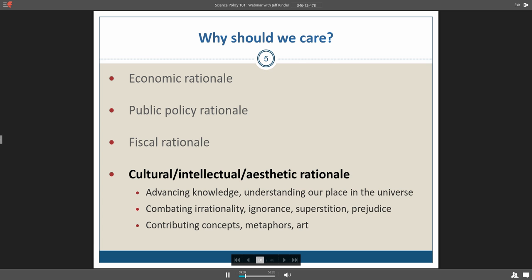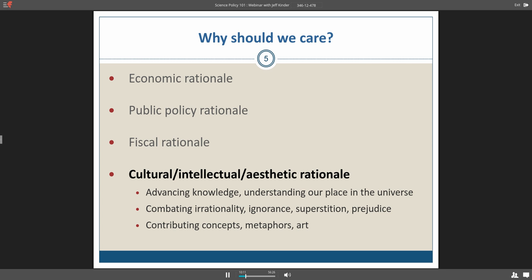And then last but not least, of course, is the reason perhaps that most scientists are interested in science policy, and that is to obviously advance science, advance knowledge, advance our understanding of our place in the universe. There are also related cultural reasons that science can help combat irrationality and superstition and prejudice. And there's also even an aesthetic rationale because science does contribute to our culture and through art and other things.